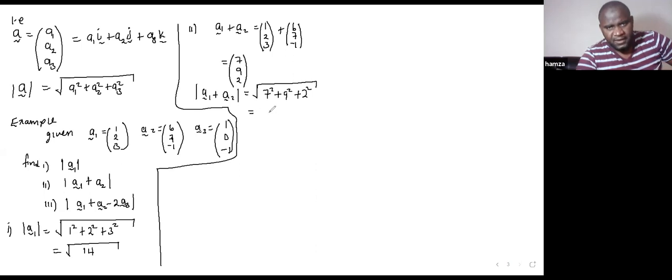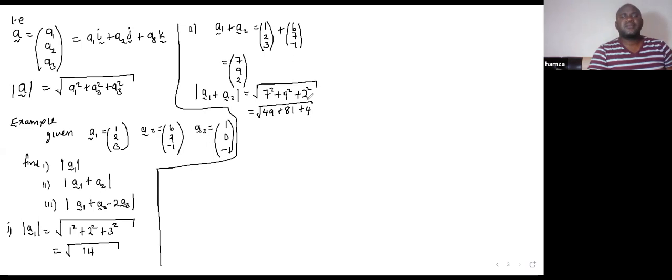And when you simplify this, this will give us 49 plus 81 plus 4 under the square root. 81 plus 4, that's 130, plus 49, that's 130. 130 plus 4, you get 134. So this is square root of 134.